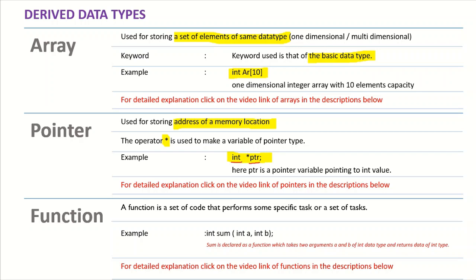Functions. A function is a set of code that performs some specific task or a set of tasks. Example is int sum, int a, int b.